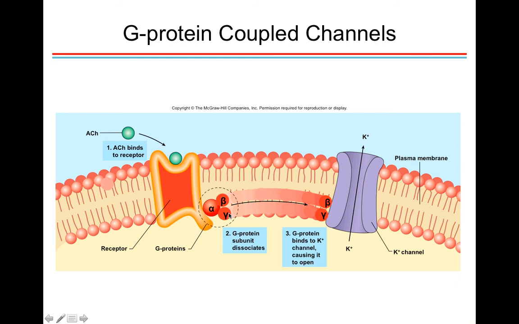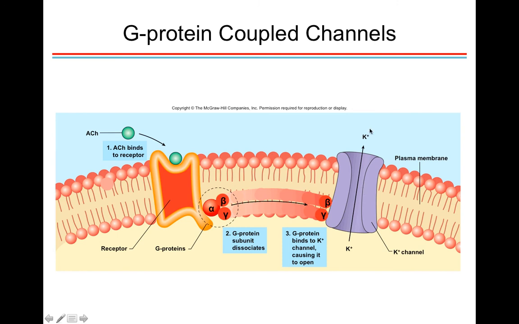In this case, the beta and gamma subunits of the G protein will travel in the membrane to the ion channel. The ion channel for the muscarinic receptor is a potassium channel, and the potassium is going to move out.